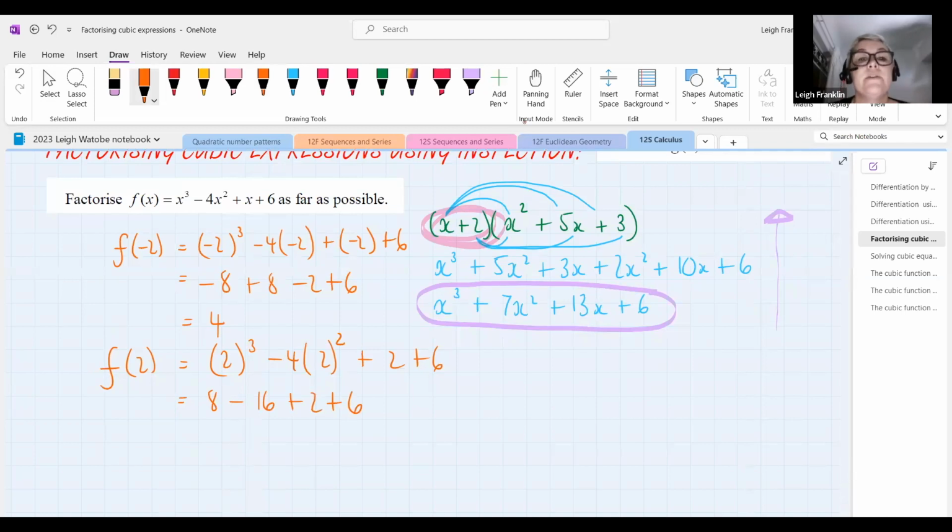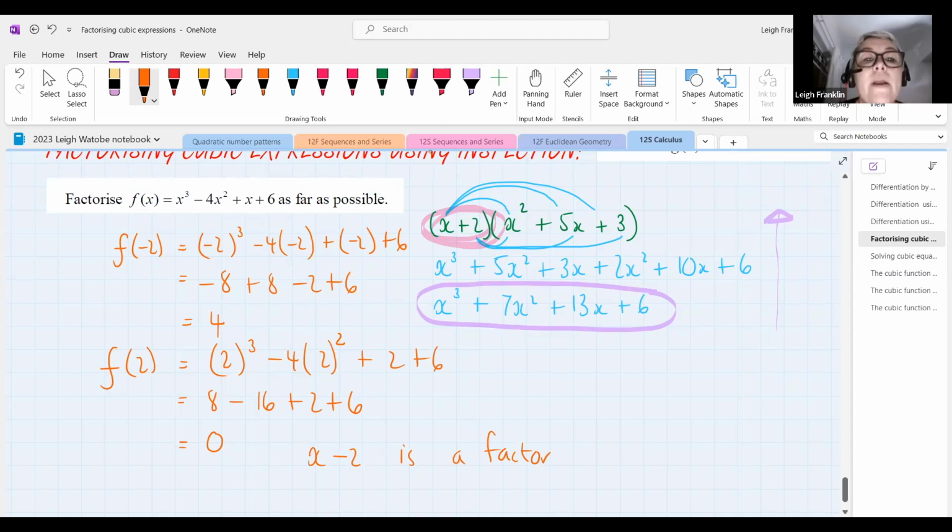Do we get 0 as an answer now? Absolutely, there's a number of different factors, so there's a few things that are going to work. Here we would get 0 as an answer, so that means that x minus 2 is a factor.